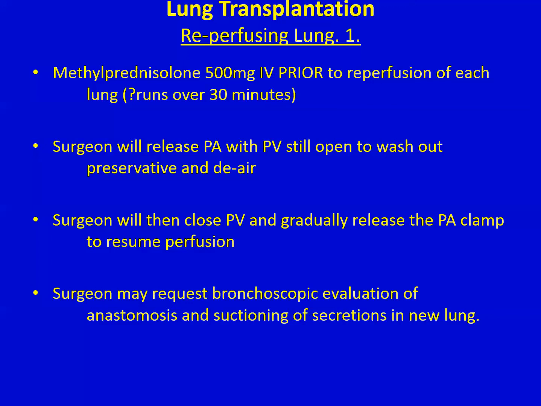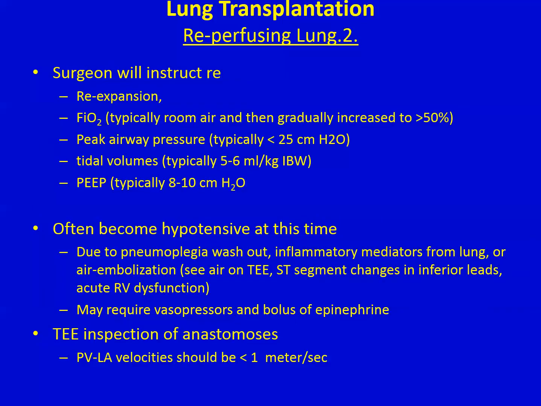The surgeon will release the PA with the pulmonary vein still open to wash out preservative and air, and then close it and gradually release the pulmonary artery clamp to resume perfusion. The surgeon may request bronchoscopic evaluation of the anastomosis and suctioning of secretions before resuming ventilation. And as I mentioned before, there may be considerable blood loss at this time.